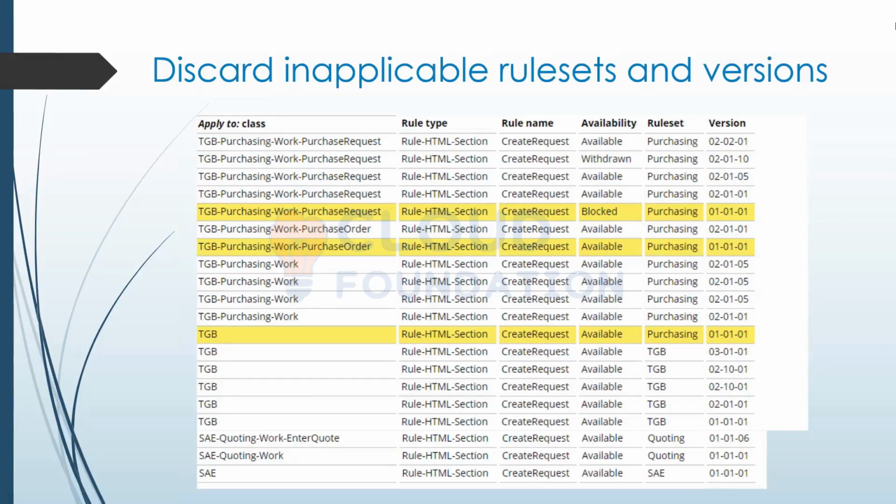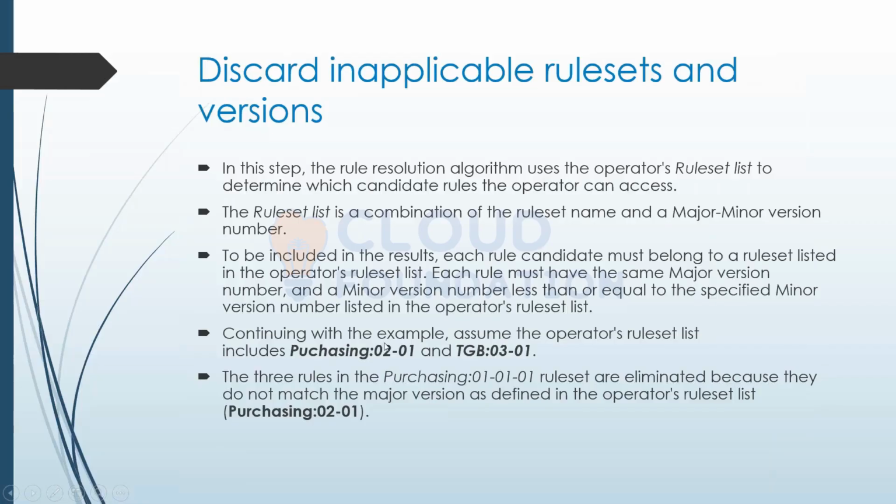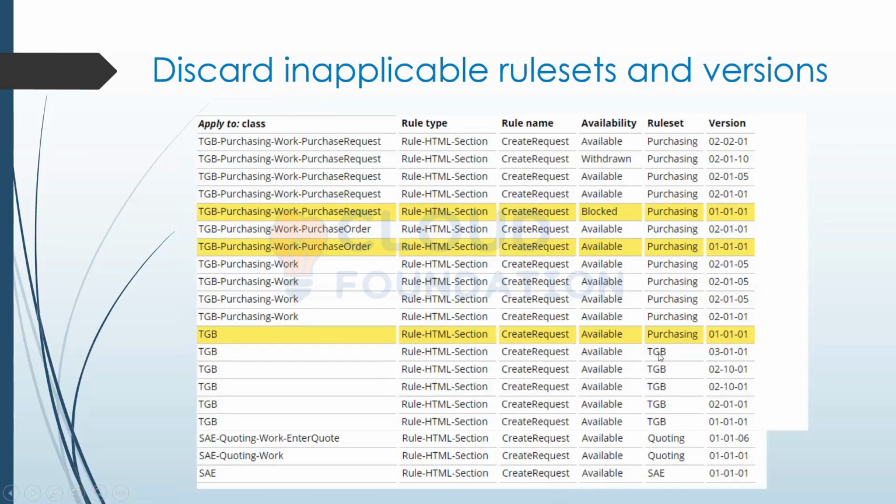Even though the rule set is the same, the major version is different. The major version we are going to consider is O2, because for purchasing I need to look for O2. Anything other than this major version will be discarded. All the ones with O1 are discarded.